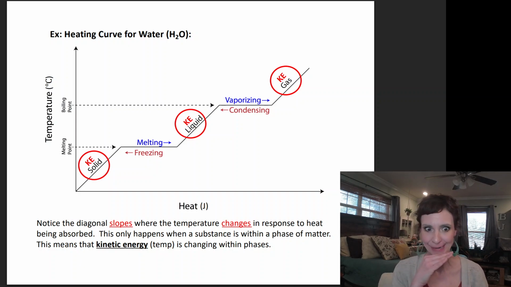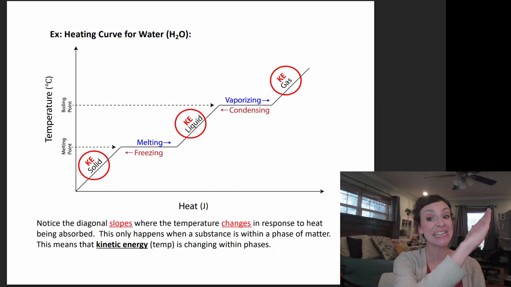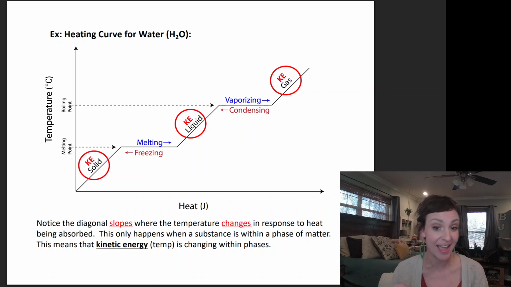What is going on here? So notice that on the diagonal slopes, the temperature changes in response to heat being absorbed. This only happens when a substance is within a phase of matter, meaning it is a solid, or it is a liquid, or it is a gas, okay?